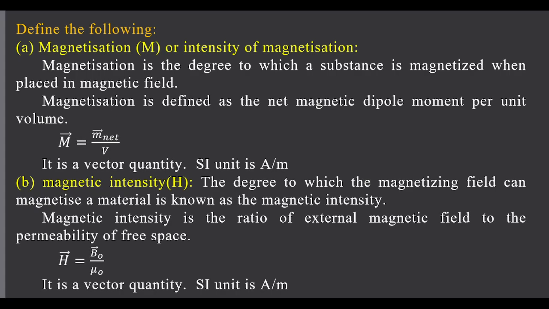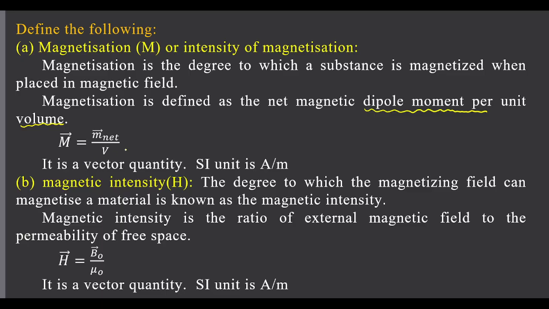Then we have some definitions like magnetization, magnetic intensity, all these things. Here magnetization is given by the dipole moment per unit volume, the dipole moment created per unit volume.